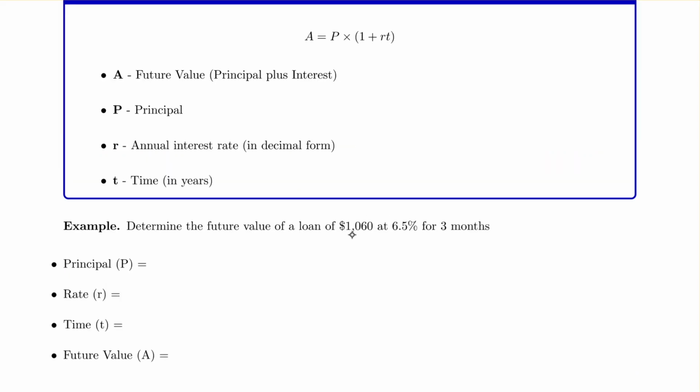So if we wanted to calculate the future value of a loan of $1,060 at 6.5% for 3 months, if time here is in years, we've got to first change this 3 months to years. So 3 months out of 12 months will give us the total amount in years.